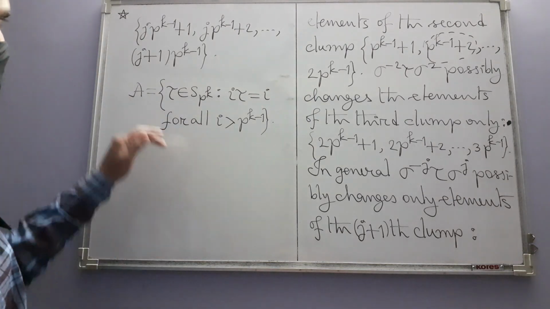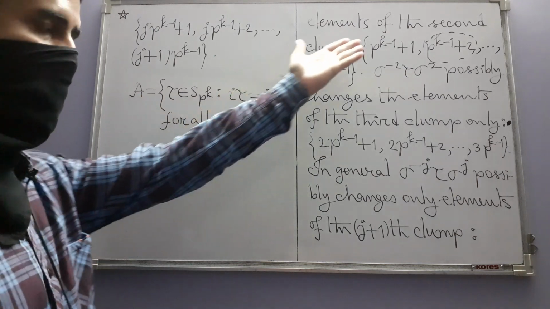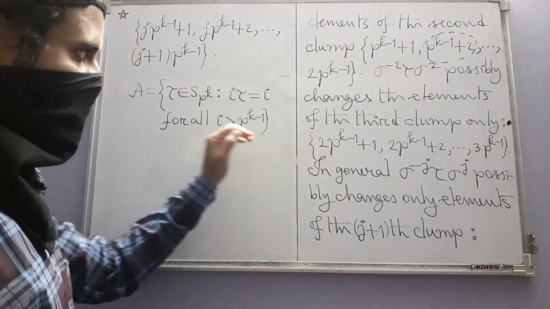In other words, in A we are considering precisely those tau that we were considering there. Okay.